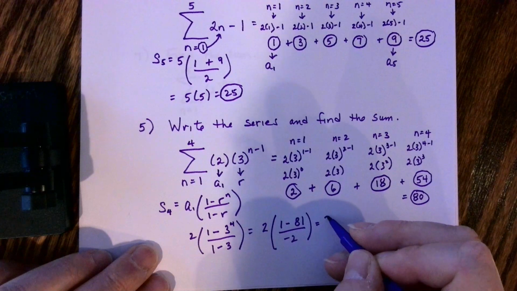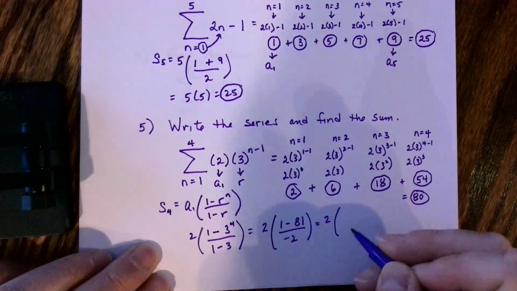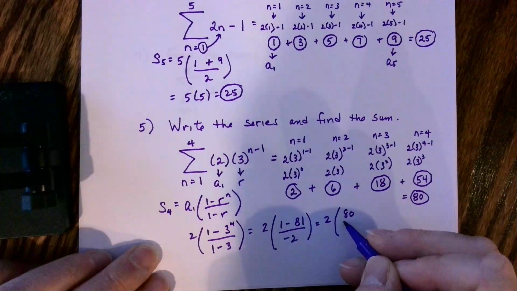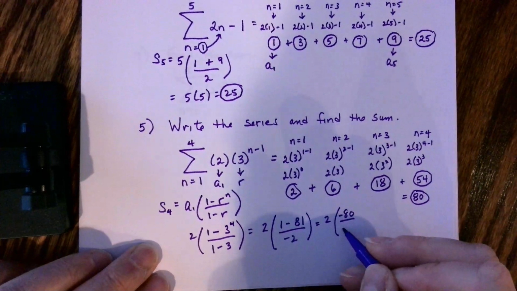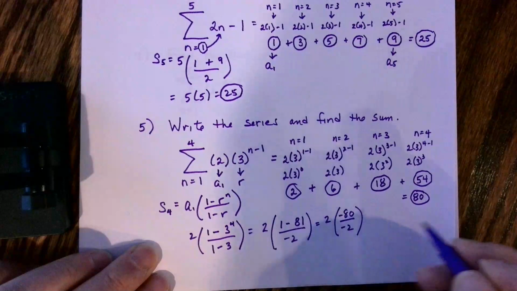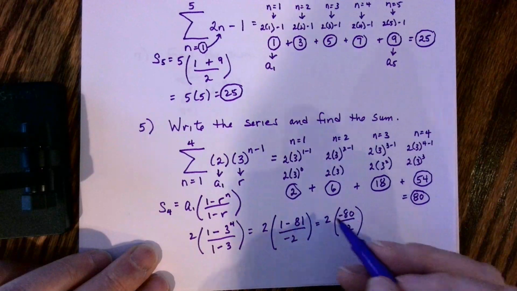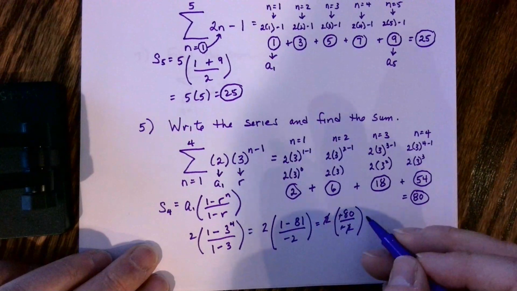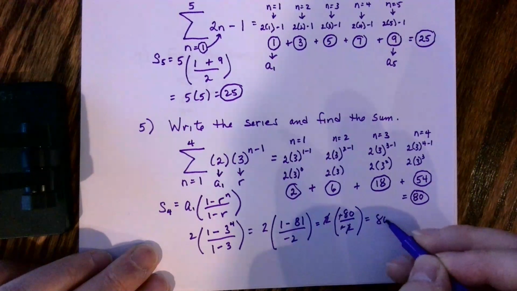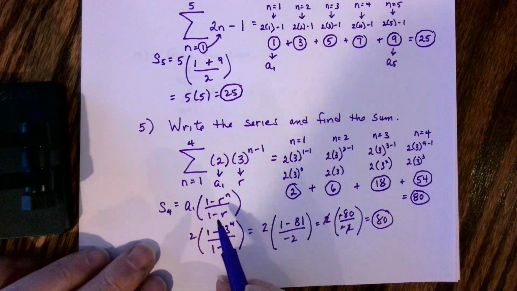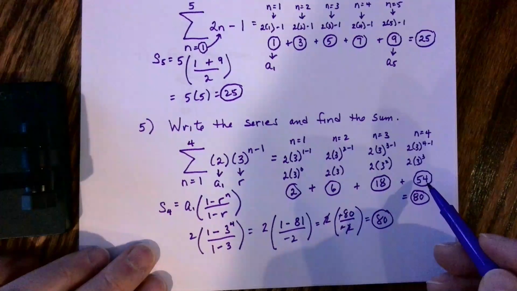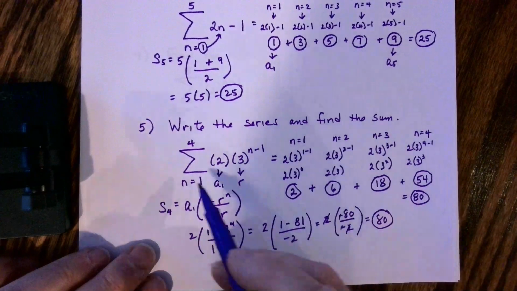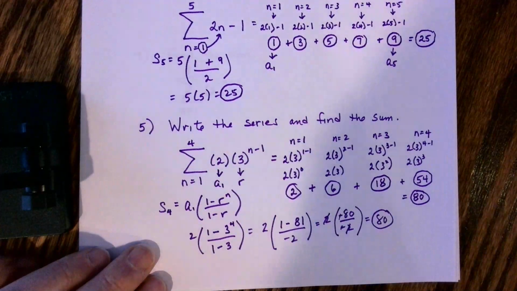I end up with 2 times 1 minus 81 is negative 80, I'm sorry, all over negative 2. And at this point, I could just reduce, cross out the 2's, get rid of my negatives, and I end up once again with 80. So whether I use my formula or I just found each term and added them up, the sum of the first 4 terms would equal 80.